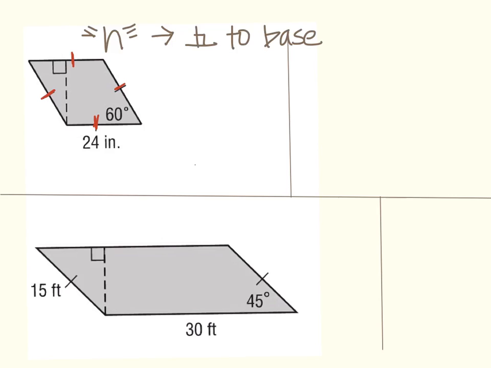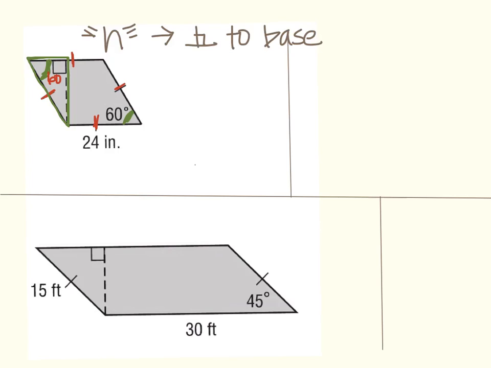So let's go back and think about what we know about quadrilaterals. We should know something about opposite angles. What do we know about opposite angles in quadrilaterals? They are congruent. So if this one right here is 60, then this one right here is what? 60. So this one is 60 also. So now if you look right here at this triangle, I've got a 30, 60, 90.